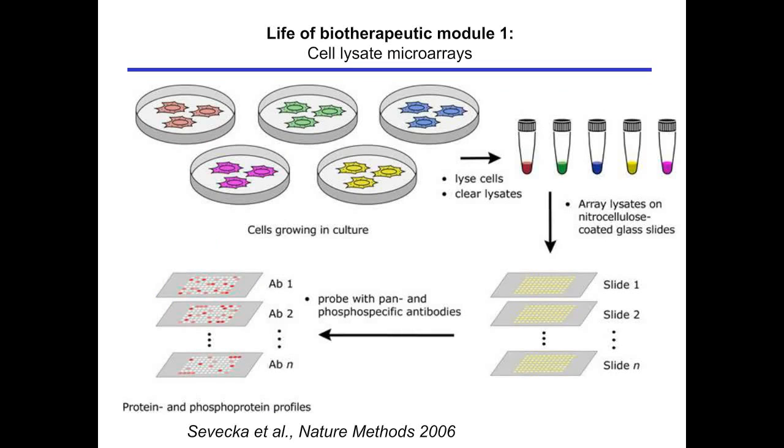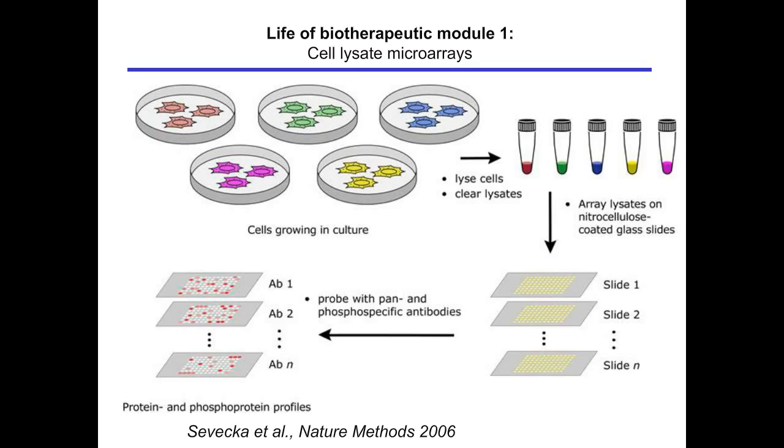So the first method I'll talk about here, the cell lysate microarrays, were described in the early 2000s and subsequently evolved a bit in the mid-2000s. And here I'm showing work from Saveka et al. that they described in Nature Methods.